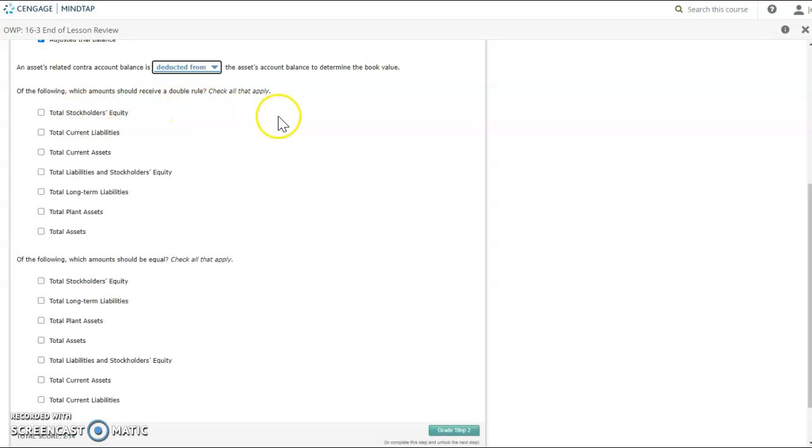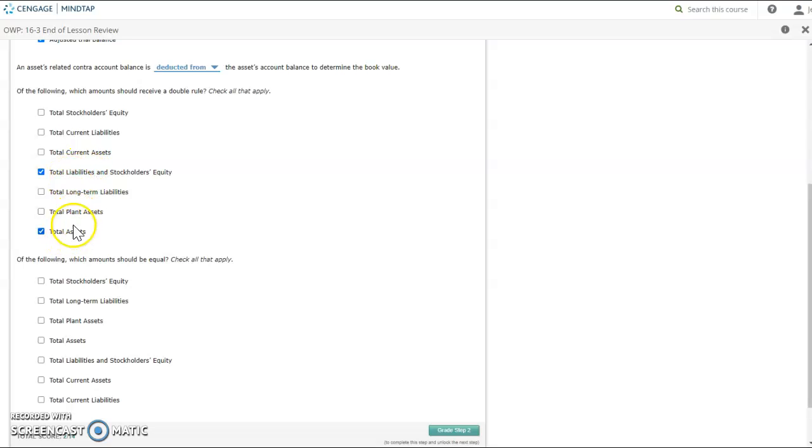Of the following, which amount should receive a double rule? And it says check all that apply. So remember, the double rule just means the double line underneath it. And that double rule means that those accounts are in balance or those things equal. So what we should be looking at is our total assets and our total liabilities and stockholders' equity.